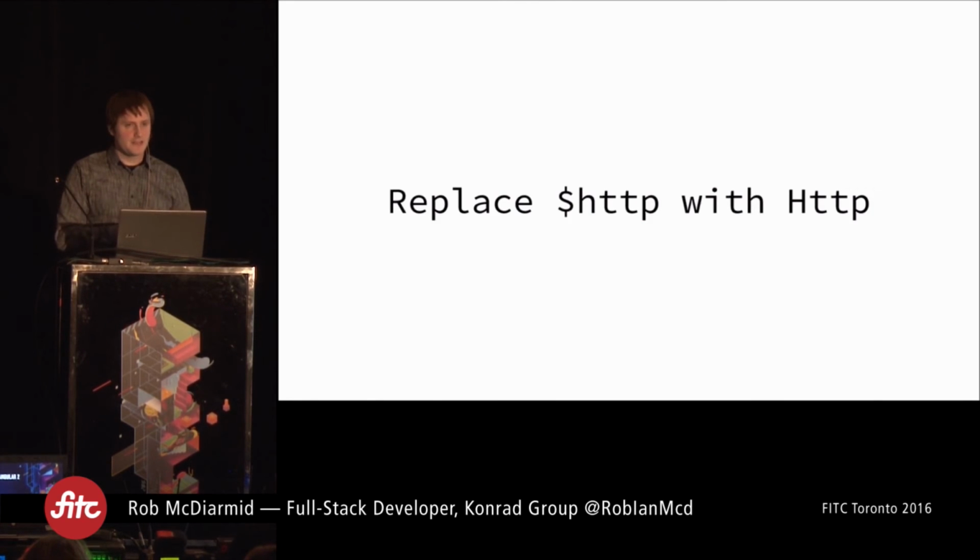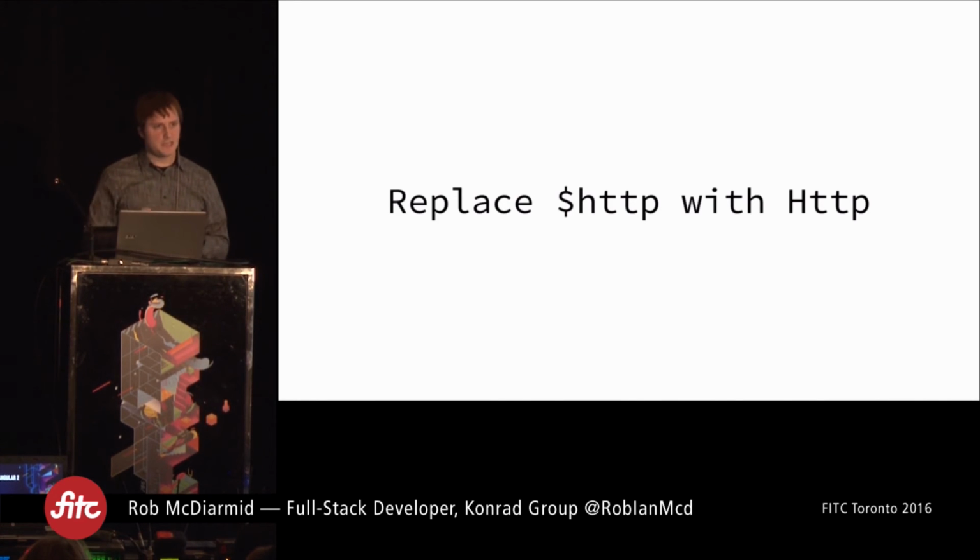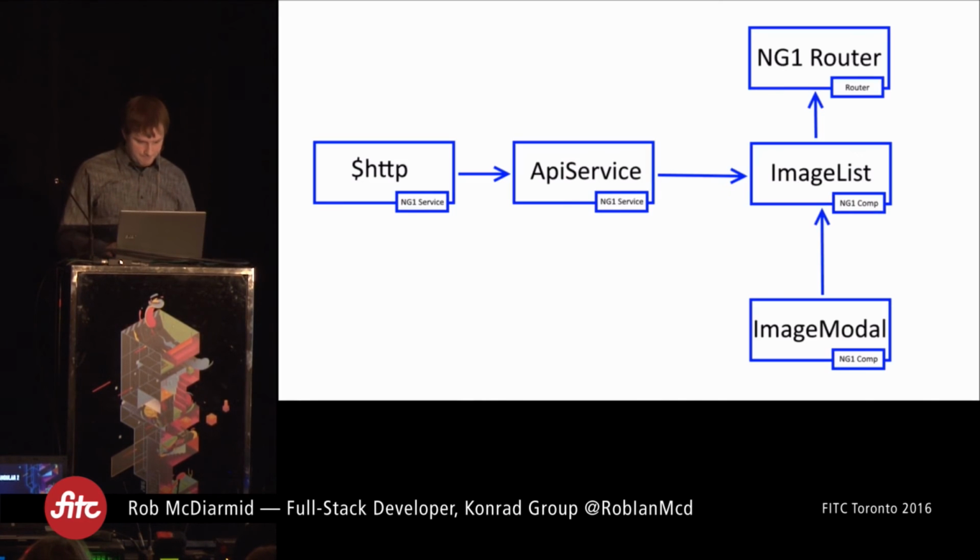Okay, so now we're actually ready to start upgrading parts of our app. So let's start off by just replacing the Angular 1 $http service with Angular 2's new HTTP service. So the app is kind of laid out like this right now. We have an image list component, and it uses the image modal, and it also uses this API service. And the API service uses Angular 1's $http.